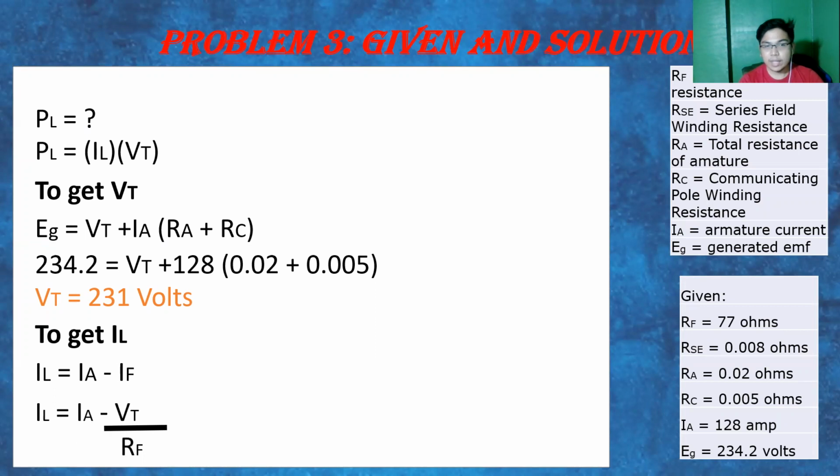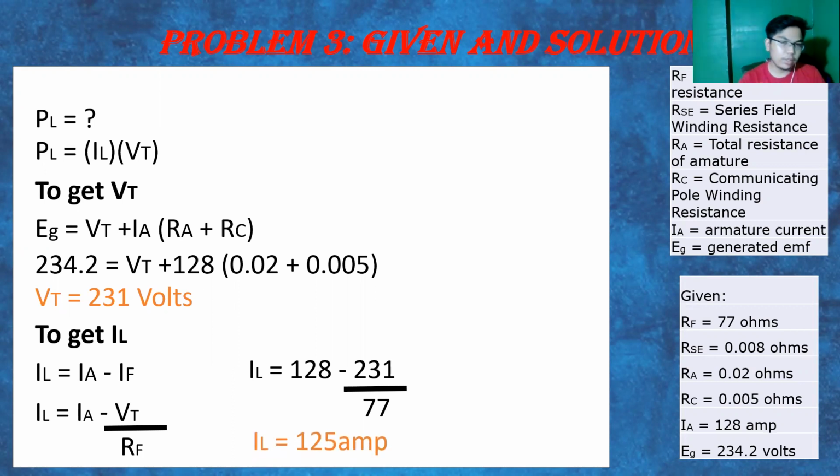And yung I sub F natin, wala rin tayong value ng I sub F, at ang formula niya is V sub T over R sub F, which is yung shunt field resistance. So, substitute lang natin 128, minus 231 over 77. Ang makukuha nating load current is 125 ampere.